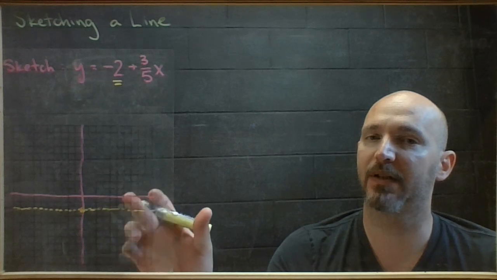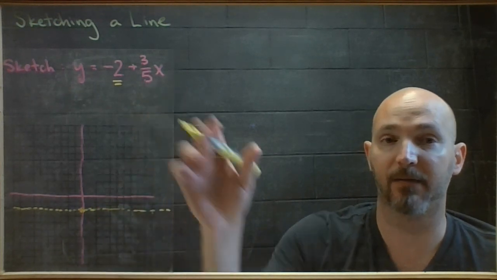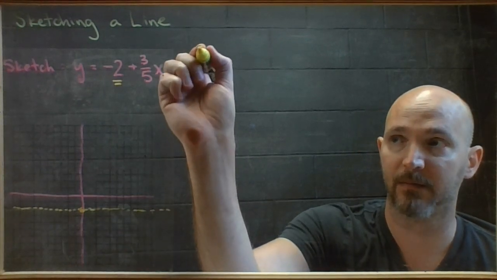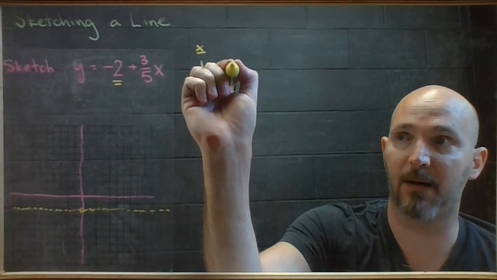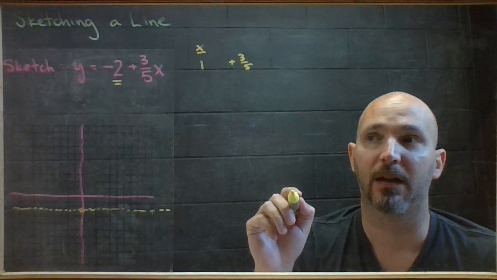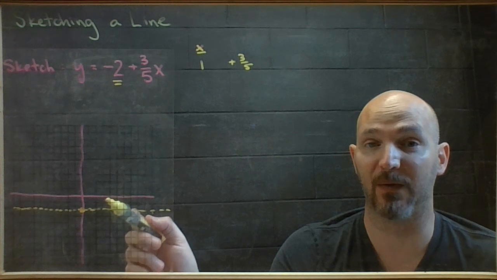Now, if I were to take one step over, I have to add 3/5 to this line. So when the x is 1, I have to go up 3/5. That's going to be gross. I'm not going to be able to find 3/5 of this line.